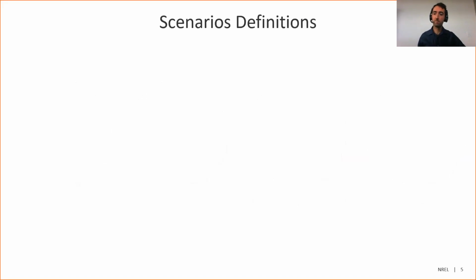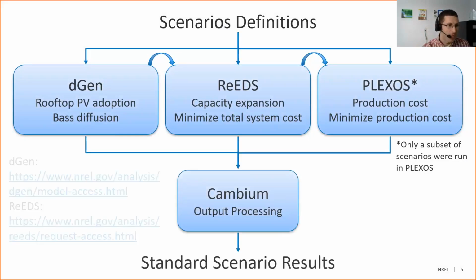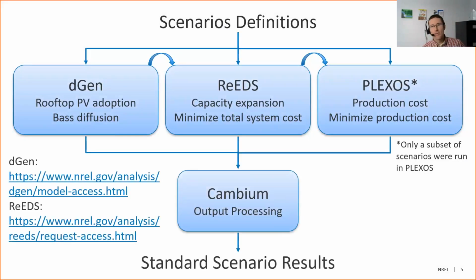Okay, and you could click through until you see the DGen and ReEDS links come up. Okay. So this is what I was just talking through that you may not have been able to see. You could just keep going through until you see the web links come up for DGen and ReEDS pop up. Perfect. Okay, so thanks everybody. It looks like that was an NREL network outage. So apologies for that. It looks like it just pulled us all down for a minute.